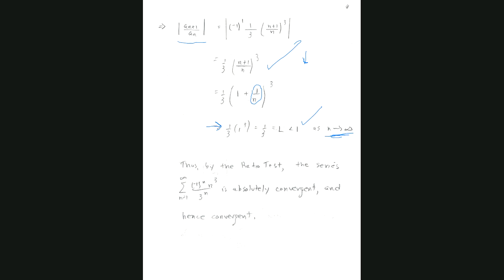The ratio of the terms as n gets large approaches a common ratio, 1/3, which is less than 1. And that's right, Robin and Michael, thank you. It's going to converge. And therefore, our series is absolutely convergent and hence convergent.